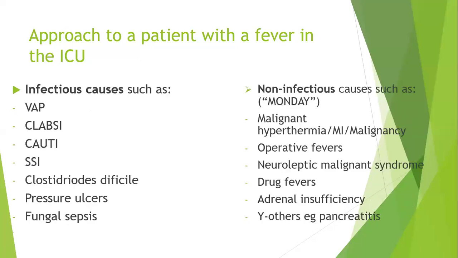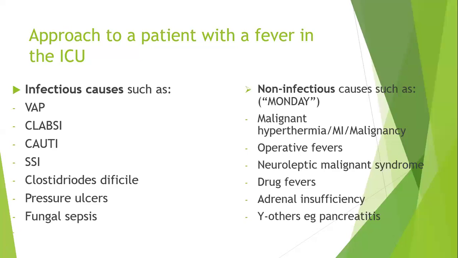All right, let's look at patients who develop fever in the ICU, and we're going to find out, is this fever of infectious cause or non-infectious cause? And we're going to be looking at some of them as we go on.